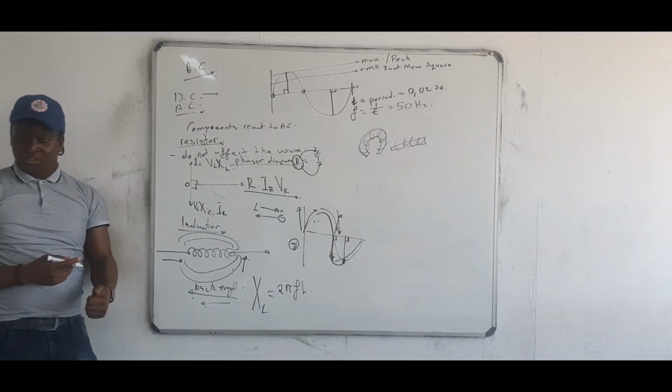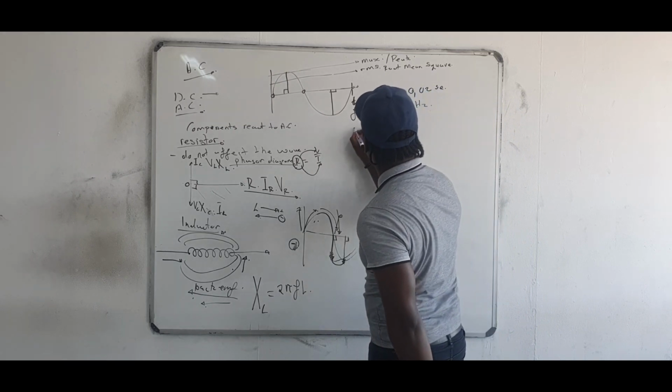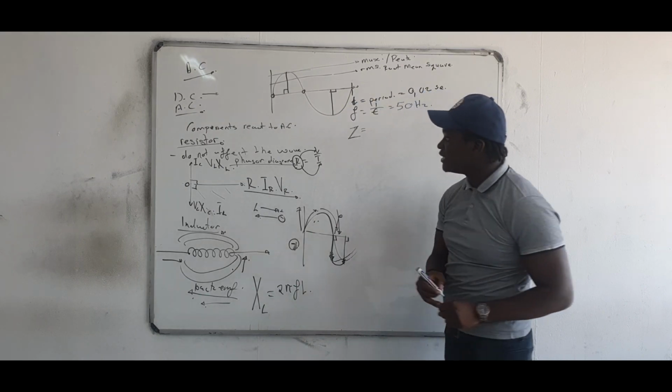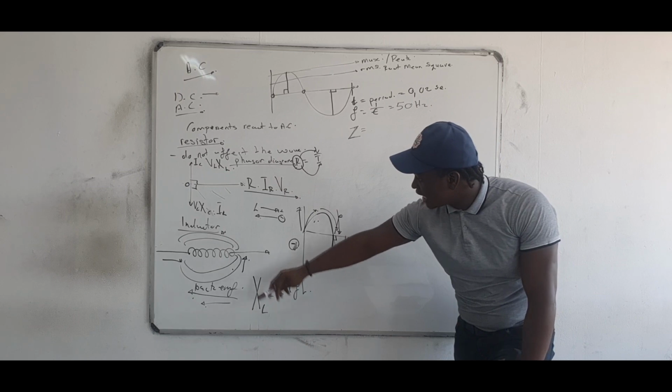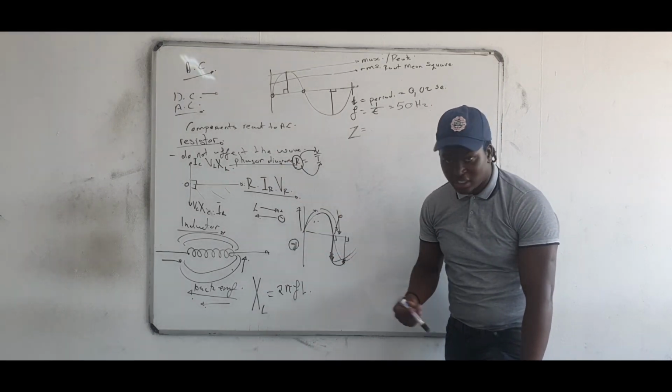Are we together? Okay, so let's see what happens, right? Let's try to calculate the total resistance of a circuit that has got a capacitor, an inductor, and a resistor. Are we together, right?